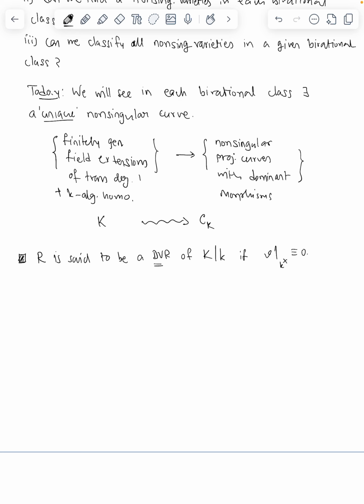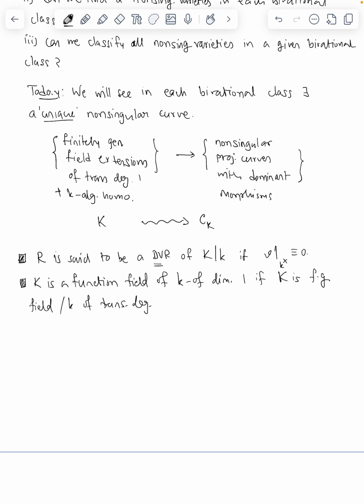And the second terminology is we say K is a function field of k of dimension 1 if capital K is a finitely generated field over k of transcendence degree 1.